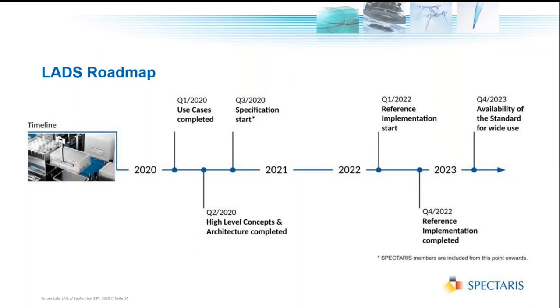Within this quarter, we want to start the specification. The specification should be finished nearly by the first quarter of 2022. And so we want to start at this time with the reference implementation.